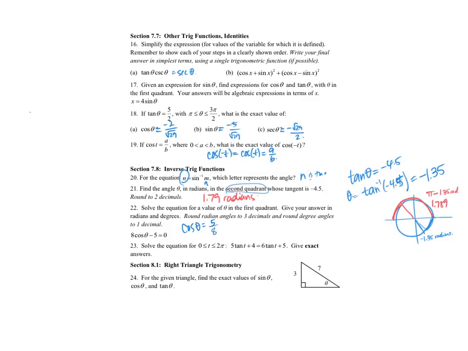So I can find theta using my inverse cosine of 5/8. In radians, that's 0.896 radians. And if I write that in degrees, I can just change my mode to degree mode and do cosine inverse of 5/8. That gives me 51.3 degrees.